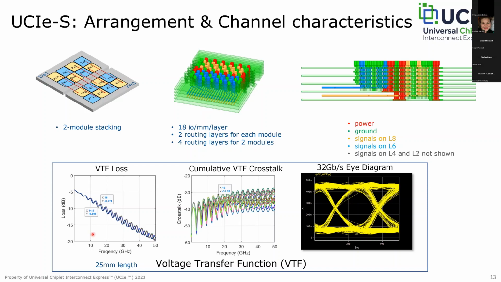You could see at Nyquist 16 gigahertz, which represents 32 GT/s operation, we have about 8.7 dB of insertion loss. And this includes the RX termination as well, by the way. And if you look at the cumulative crosstalk at 16 gigahertz Nyquist, or 32 GT/s data rate operation, we have 31 dB of crosstalk suppression.